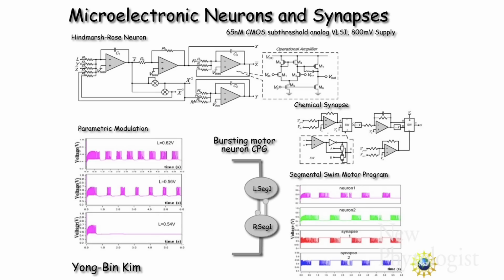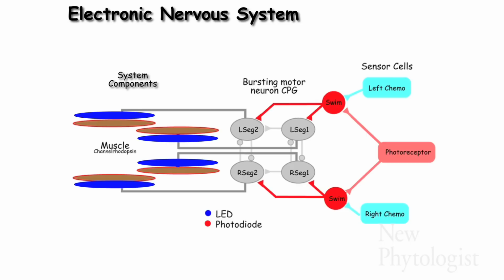Originally we were going to use microbial fuel cells, and with 2 microbial fuel cells, we could get 800 millivolts. So we had adequate power to do that. And we can get these to produce bursting activity that we can modulate with inward current. We also have a similar model for synapses, and we could get an inhibitory synapse pair to show alternating bursting, which is what we need to get swimming.